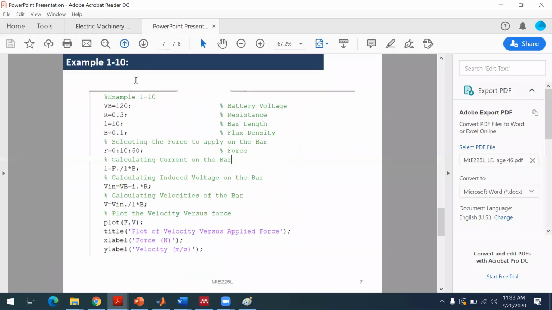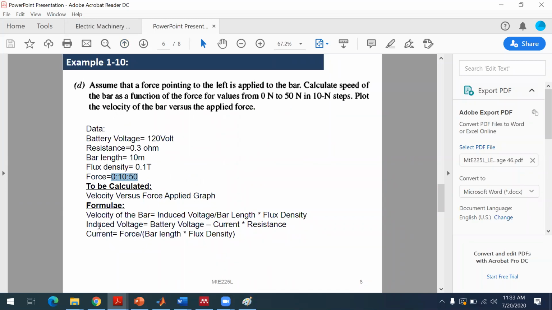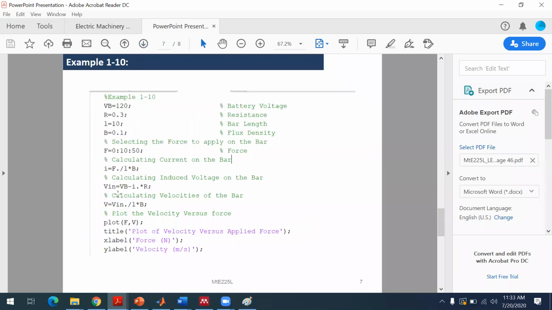the slide is this one. First we have to find the current, which is nothing but force divided by bar length and flux density. So we do this: current is force divided by length into flux density.